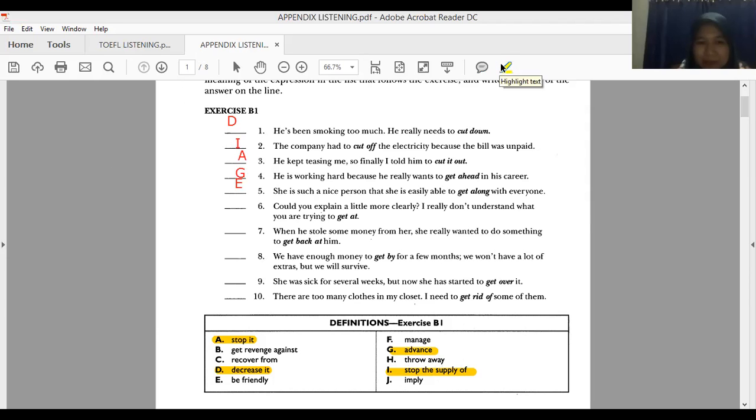And Miss Vivid. 6. Could you explain a little more clearly? I don't really understand what you are trying to get at. Get at. Miss Vivid, what do you think for this number 6?